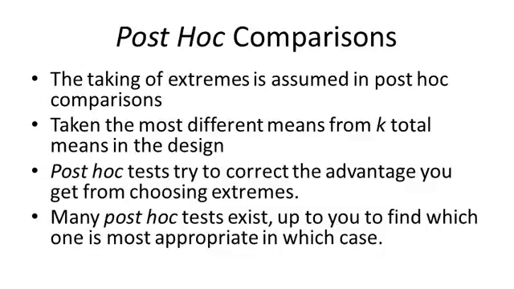So to correct for this, you do post hoc comparisons, and basically in post hoc analysis, you take the most different means from the k total, and then you try to correct for the advantage that you get from choosing how separable those means are. Many post hoc tests exist. It's going to be up to you to find which one is most appropriate for your particular case.